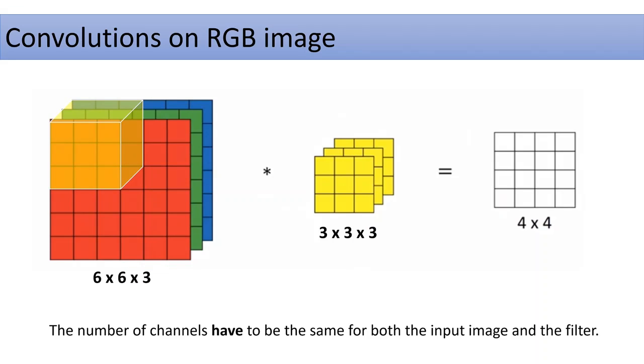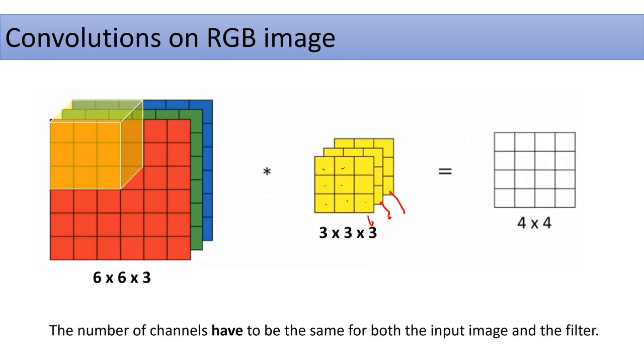So over here you have a cube, then there are a total of 27 values, 9 and 9 other two times. So this is for the red channel, this is for the green channel, and this is for the blue channel.